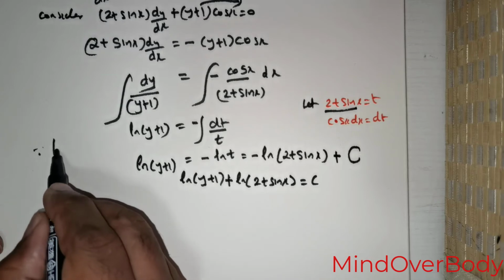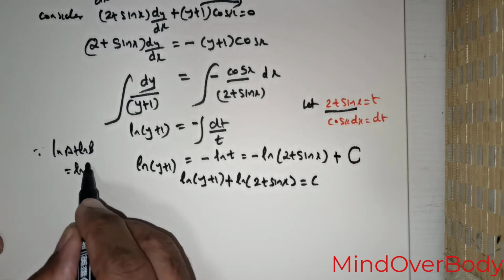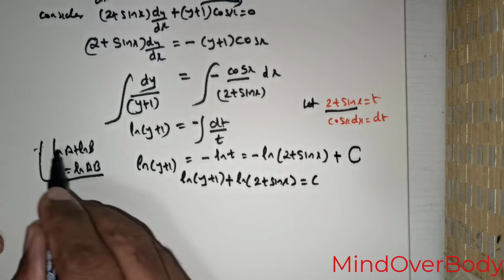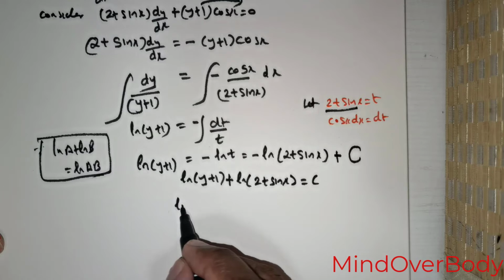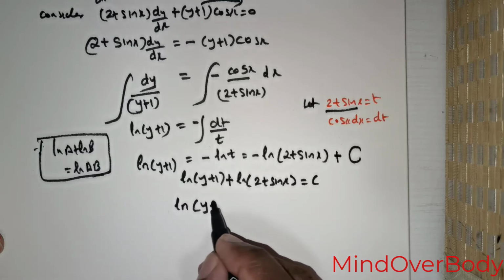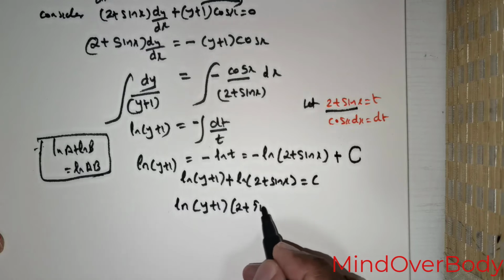Now there is a law which says that ln of a positive ln of b is going to be ln of ab. So using this formula, this can be rewritten as ln of y positive 1 times 2 positive sin x.